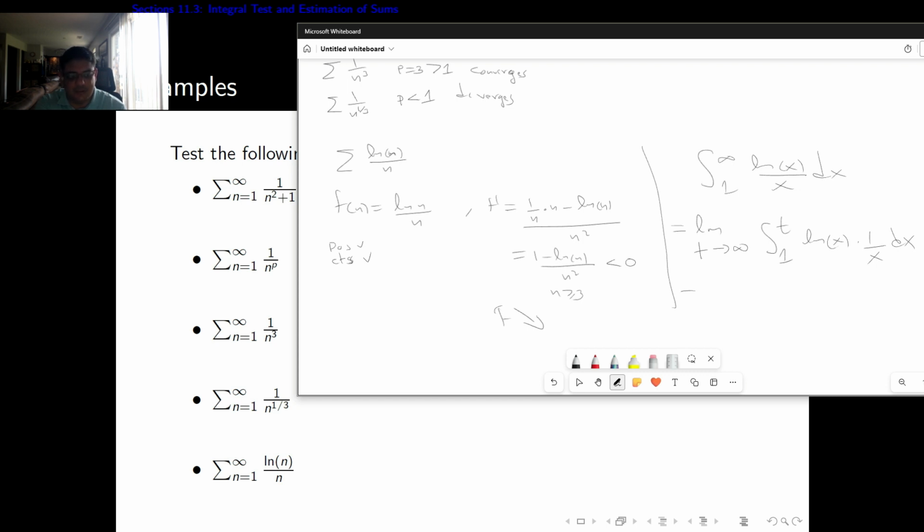So essentially that's what's going to happen. I'm going to do a substitution in there. And so I'm going to skip the step of just doing the substitution. u equals ln of x, du is going to be 1 over x dx. And so you know that this becomes u, and this is going to be u squared over 2. So now I'm just going to write it as log of t squared over 2.